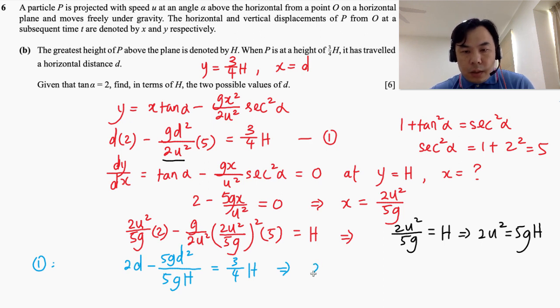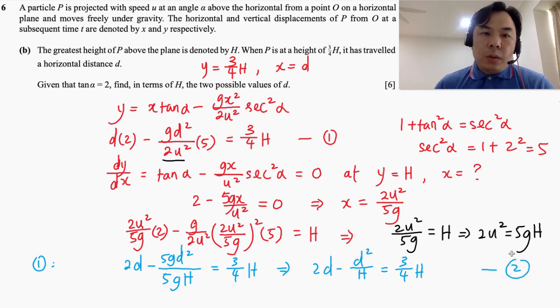You can see that is 2d minus gd square. I think the g is gone. Hold on, let me simplify that. So the g is gone. Therefore, you only have d square over h equal to 3/4 h. That will be our major equation that we're going to solve to find all the possible values of d. I hope that is clear.